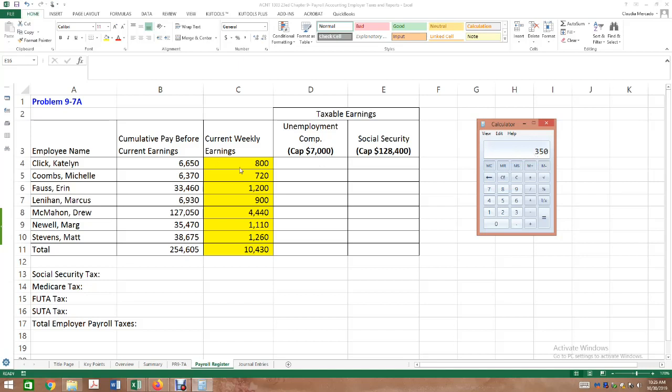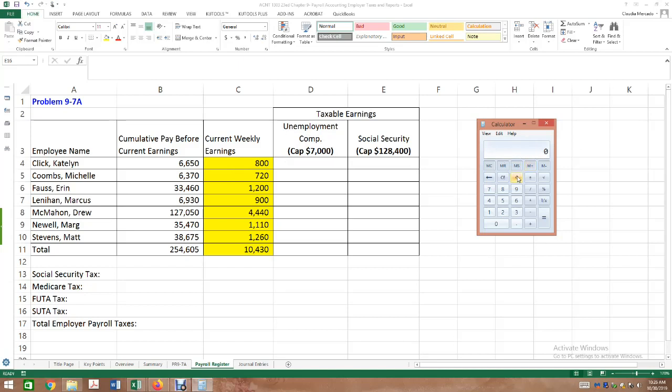Now, this employee earned $800. So what this means is that we are not going to pay taxes on $800. We're only going to pay taxes on $350, because this $350 is going to take me up to my cap of $7,000. So you're only going to pay taxes up to the $7,000 mark.